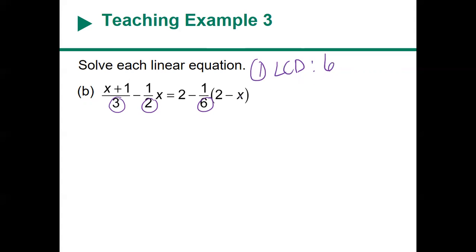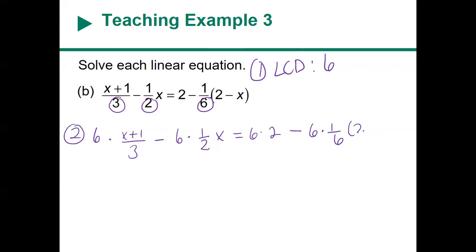All right. So step 2 is you then are going to multiply each term by your LCD. So we have 6 times x plus 1 over 3 minus 6 times 1/2 x equals 6 times 2 minus 6 times 1 over 6 times 2 minus x.